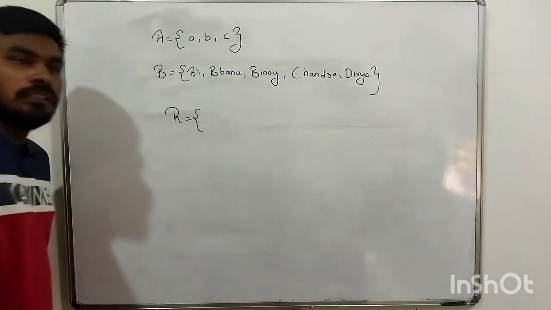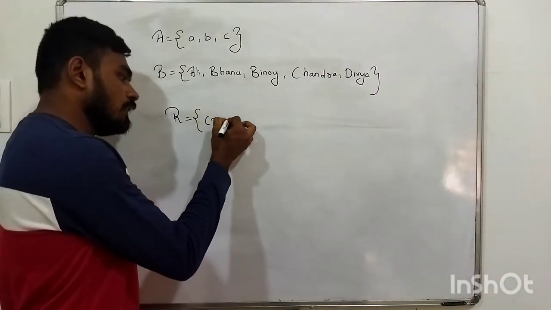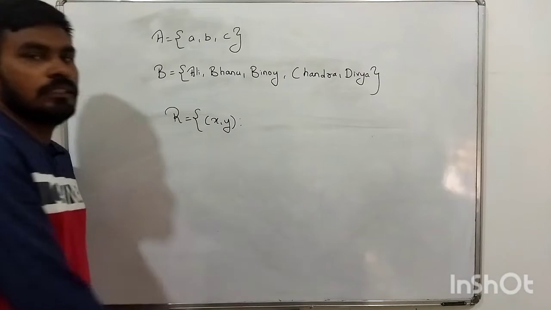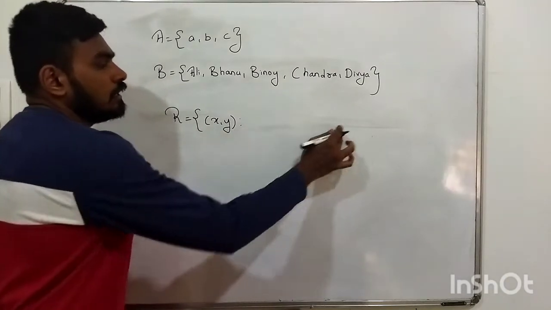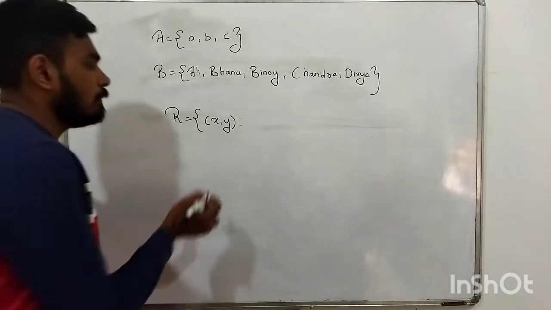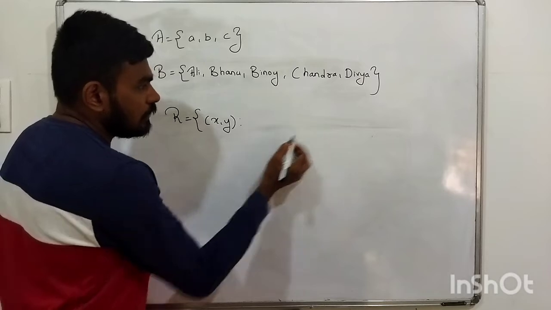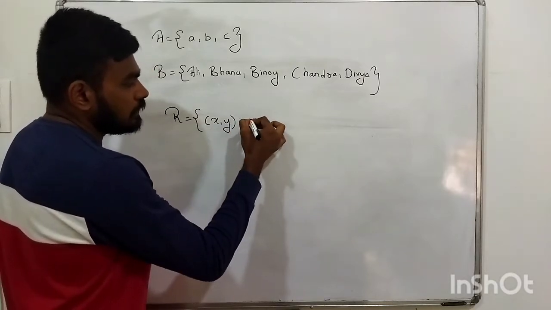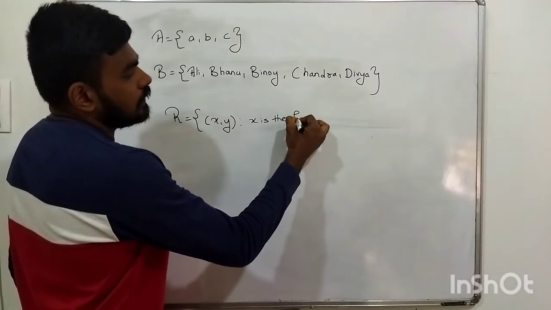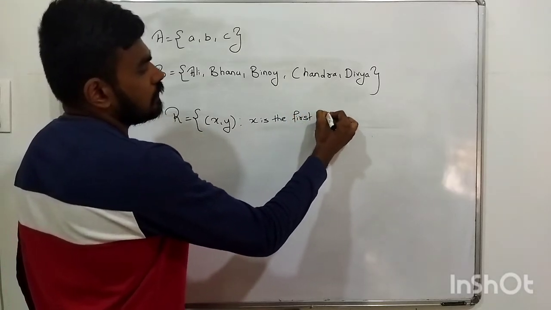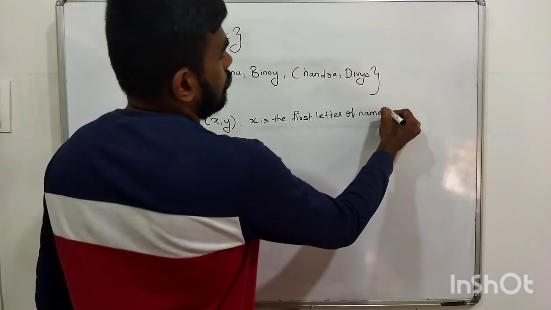This is the set builder form of the relation, where R equals x comma y such that I am writing a relation between x and y. I will say x is the first letter of name y.